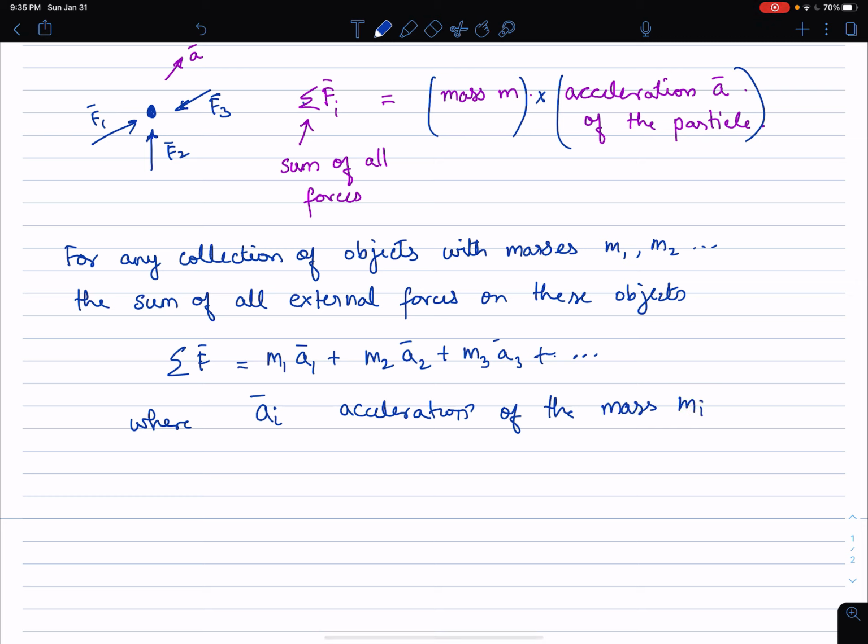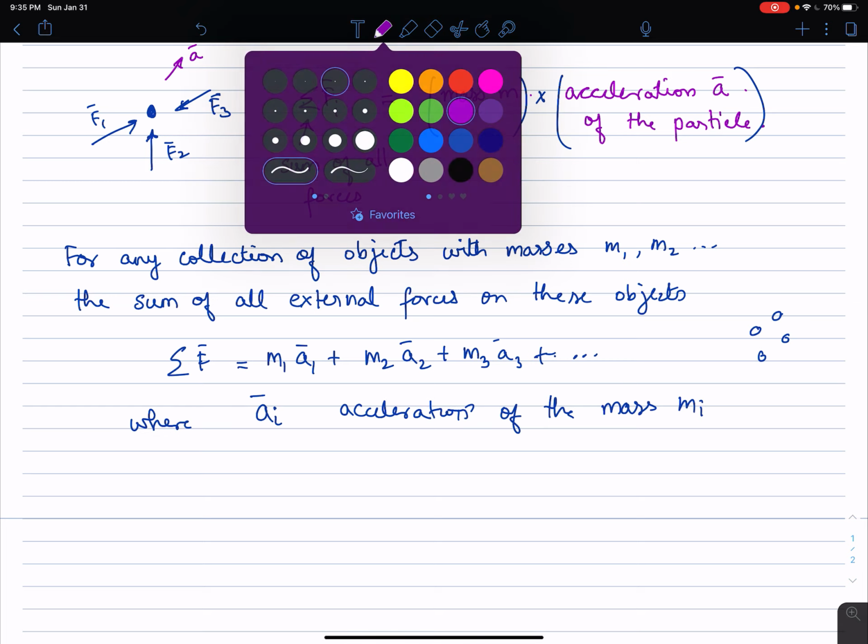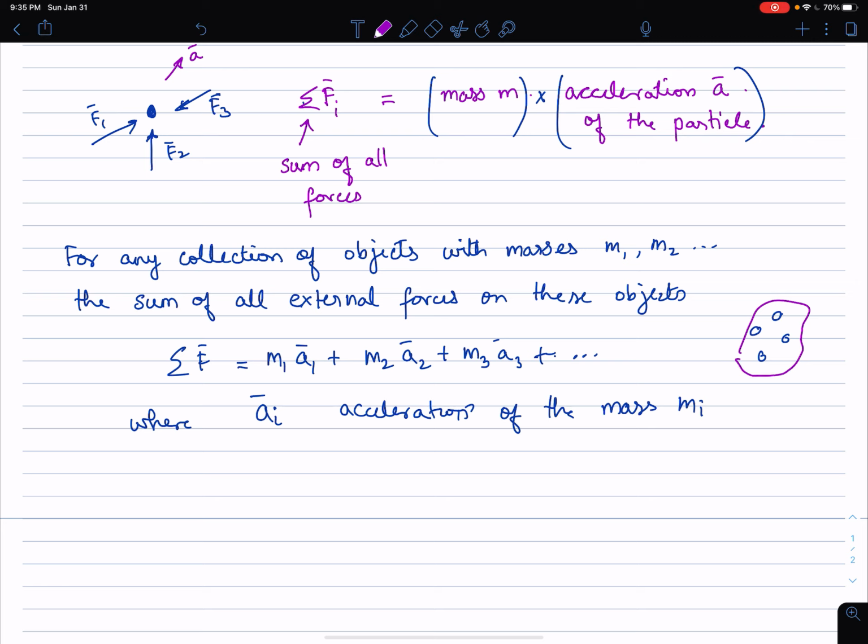Okay, so if you have multiple objects, m1, m2, m3, like so, and this collection of objects is acted upon by some external forces, F1, F2, etc. There may be internal forces between these objects, and they do not count in the sum of all forces.